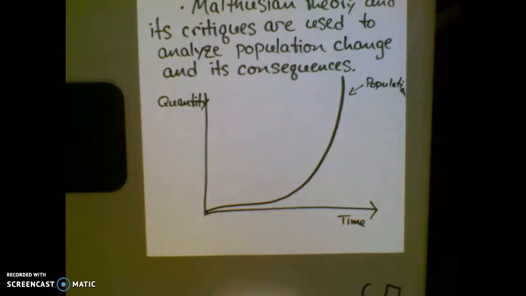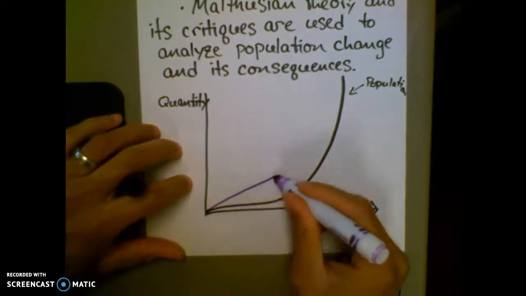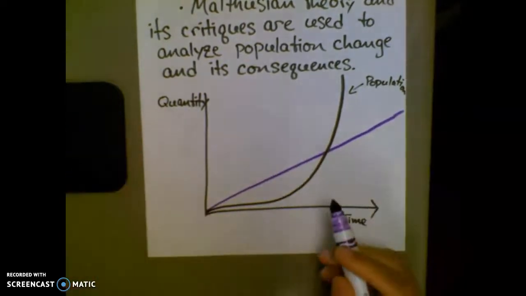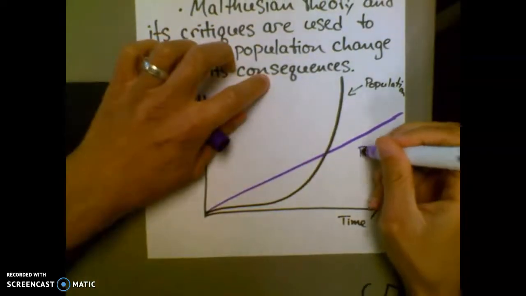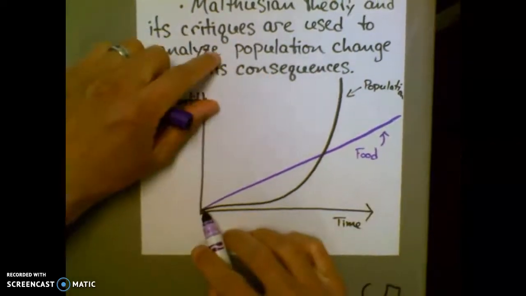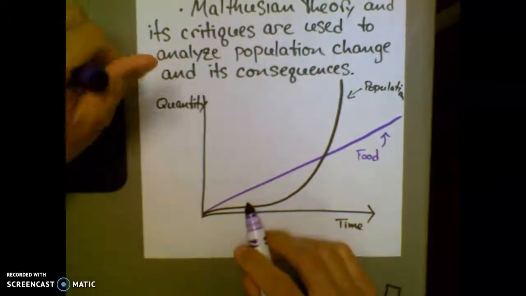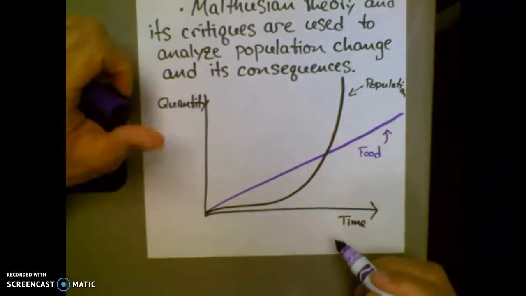Food supply I'll do in the color purple. Why not? So food supply grows linearly, all right? It does not follow an exponential curve. It goes in a straight line. Over time, the amount of food that we can produce goes up incrementally, always by the same amount.